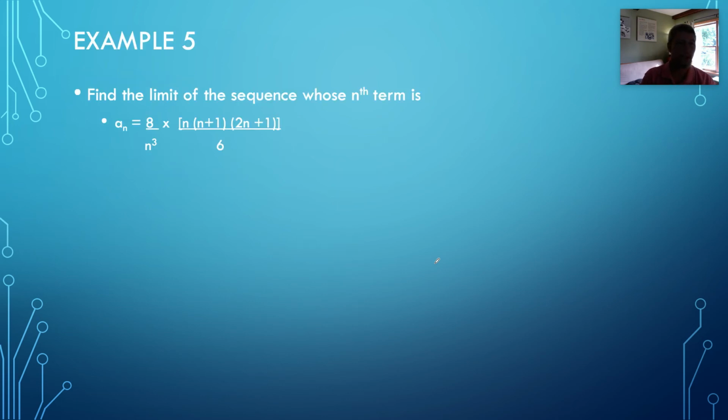Here, I'm going to ask you to find the limit of the sequence whose nth term is a sub n equals 8 over n cubed times the quantity n times n plus 1 times 2n plus 1, all over 6.